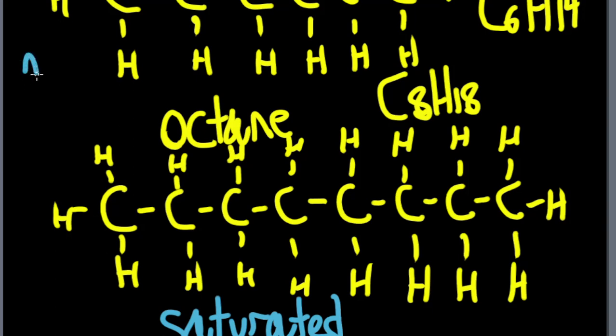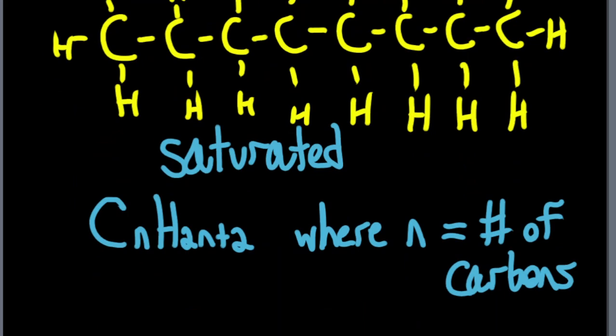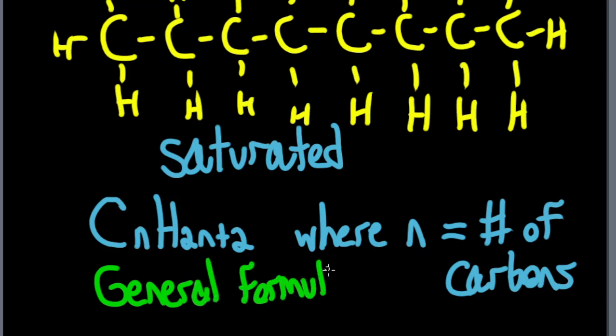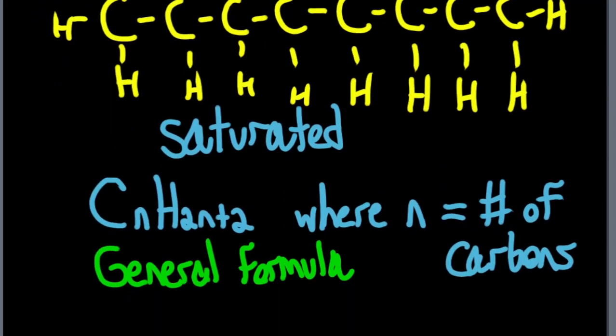If I have n equals 8, I could have C8, H2 times 8 plus 2, and I would end up getting C8H18. So this is what's called a general formula. This only applies to straight chain alkanes, and you'll see what I mean by straight chain here shortly. That's my general formula for it.